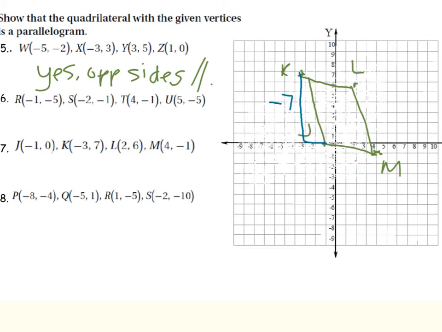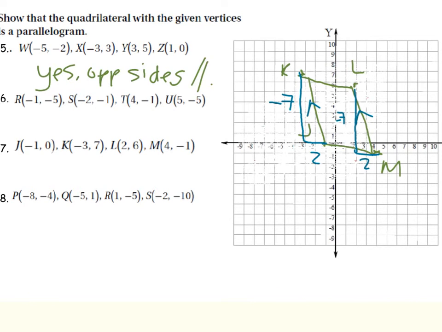So I'm going down 7 and I've got to go to the right 2. So I'm going to check from L to M if I'm going down 7. 1, 2, 3, 4, 5, 6, 7, and to the right 2, and I am. So that tells me that these two lines are parallel.